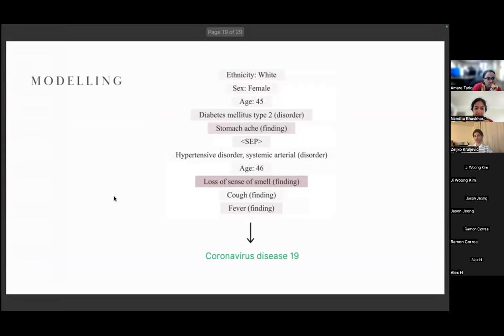We know that to predict COVID, the most important concept was loss of sense of smell, which gives us a way to interpret whether the model is really doing the right thing. Because if it said that for COVID the most important thing is diabetes, then we would think, okay, maybe the model is messing up here.